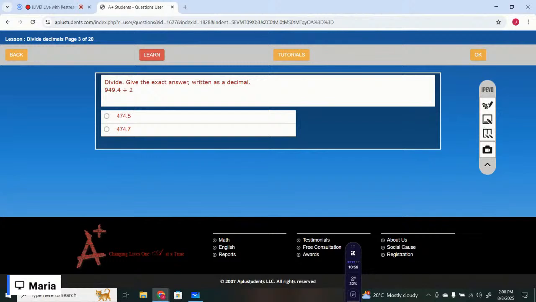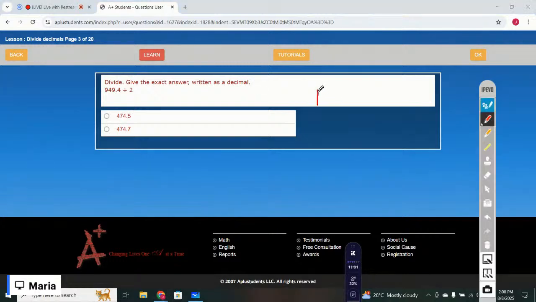949.4 divided by 2. 2 times 4 is 8. 9 take away 8 is 1.